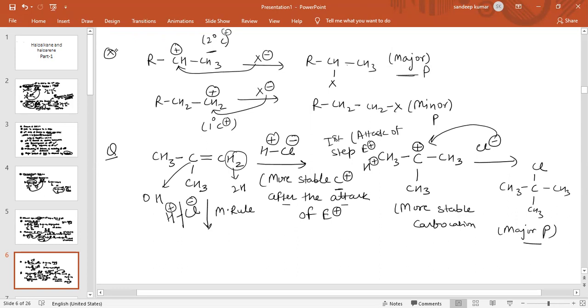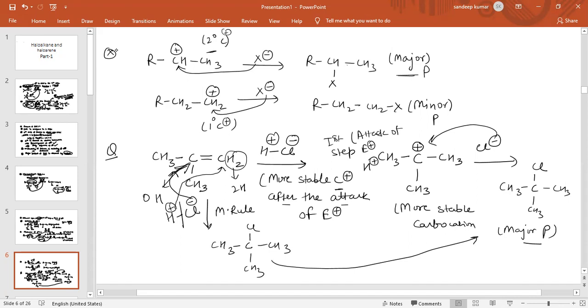The negative part will go with the carbon atom with less number of hydrogen atoms, so this side, and the positive charge will go to that carbon atom which contains more number of hydrogen. So again the product obtained is the same, (CH3)3C-Cl. So basically we have done the question with the mechanism, also with the Markovnikov rule.